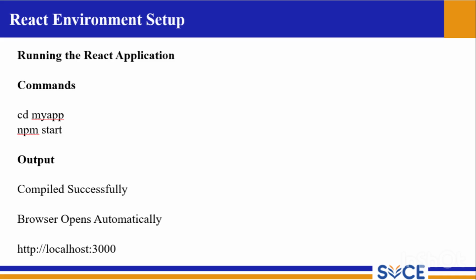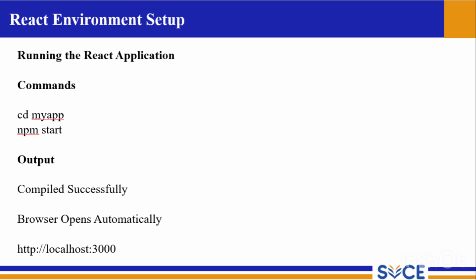The npm start command tells node package manager, or npm, to execute the start script defined in the project's configuration file known as package.json. During the startup process, React checks the source code, bundles all the required files, and compiles the application.